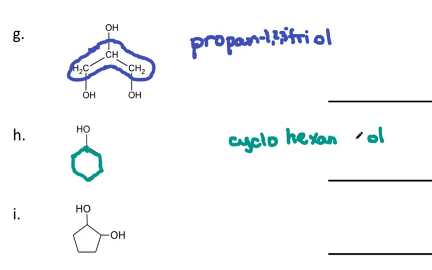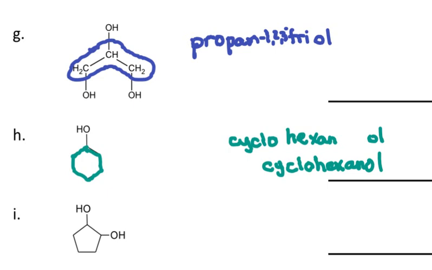Normally a number would go there, but we don't need it because there's only one branch, so it would automatically be on carbon number 1. So, sorry, let me write that a little less awkwardly. Cyclohexanol should be all we need for that. If you say cyclohexan-1-ol, it wouldn't be crazy, but it would be unnecessary.